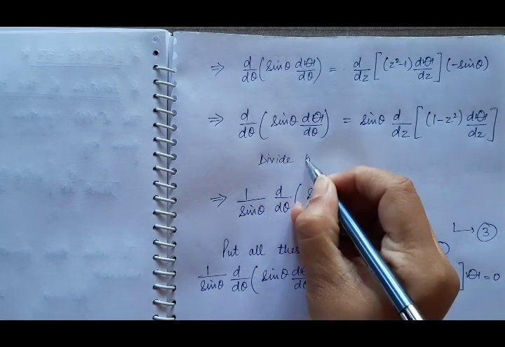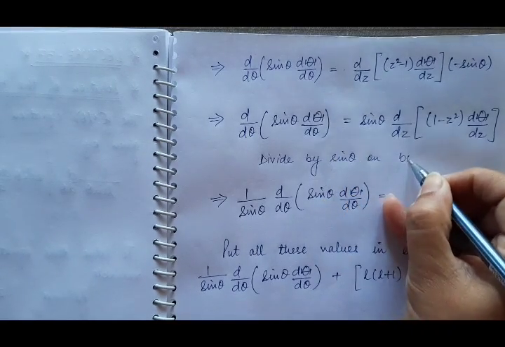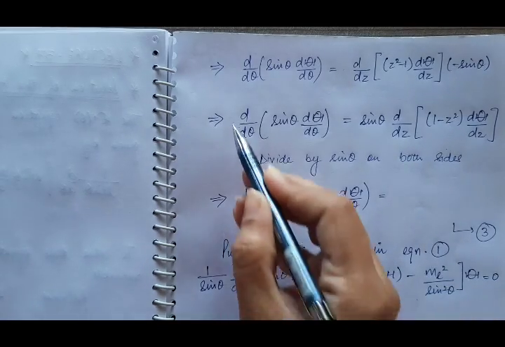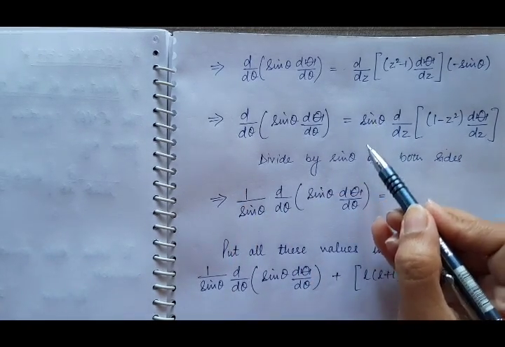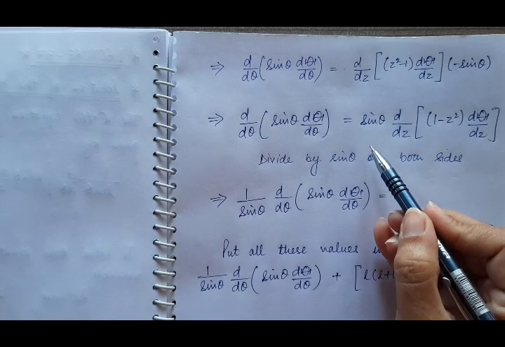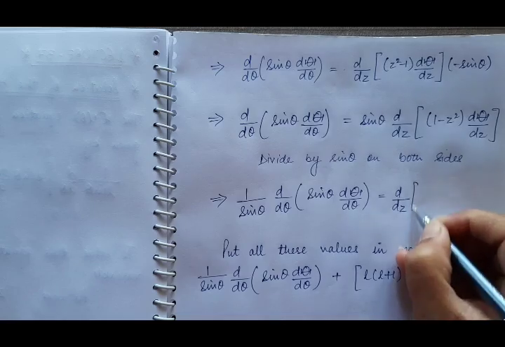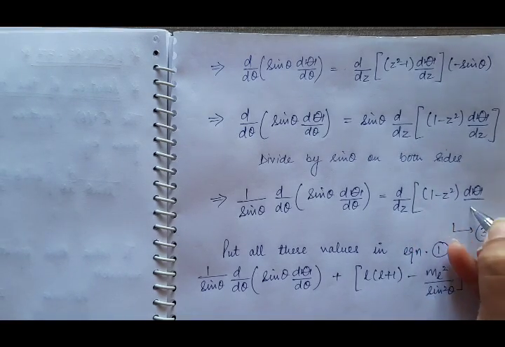What you will get is 1 by sin theta into this, and on the right hand side, the sin theta with which we are dividing will be cancelled out. So we have d by dz of 1 minus z square d theta by dz.